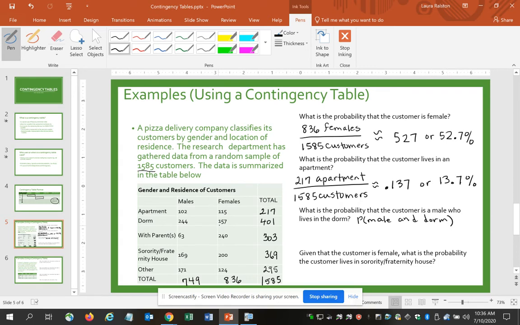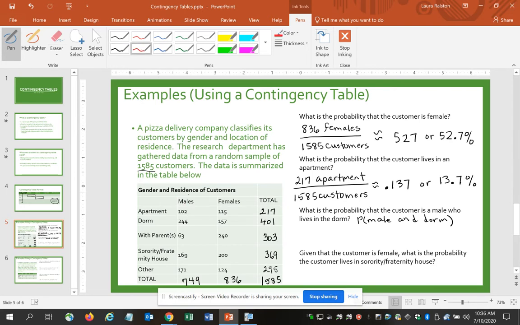Mathematically, when you see that word and, you have to meet both conditions. So when you start looking at your contingency table, you need to find the cell that contains male and lives in a dorm. And I'm going to switch colors here to try to help you see that.